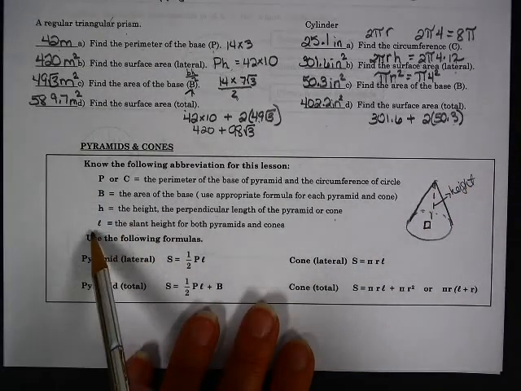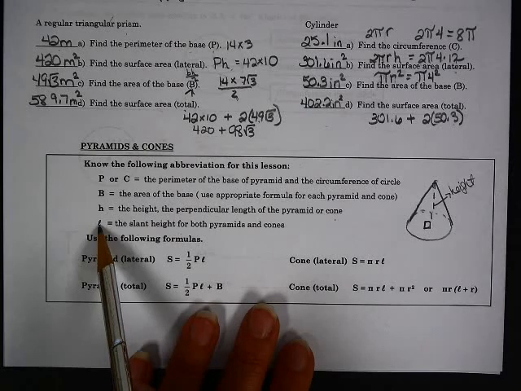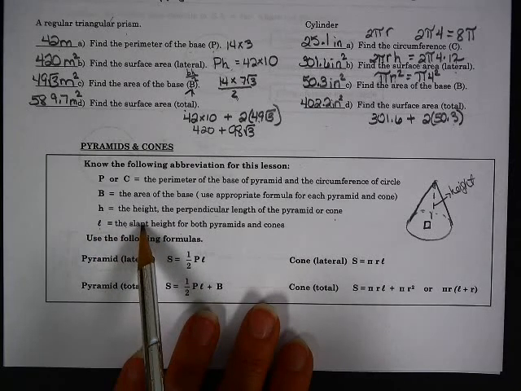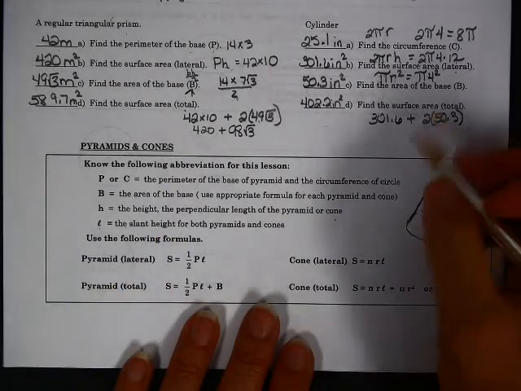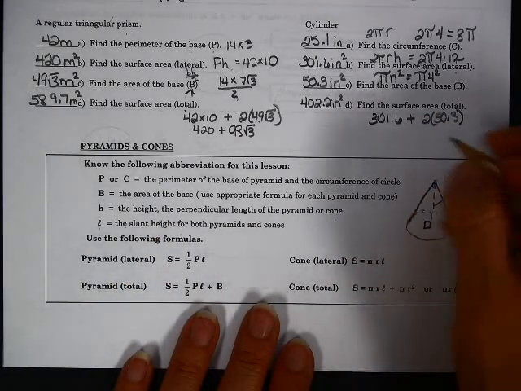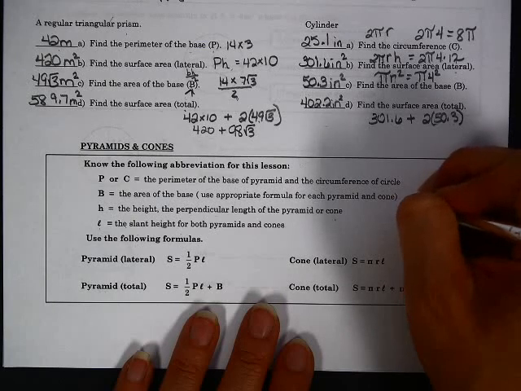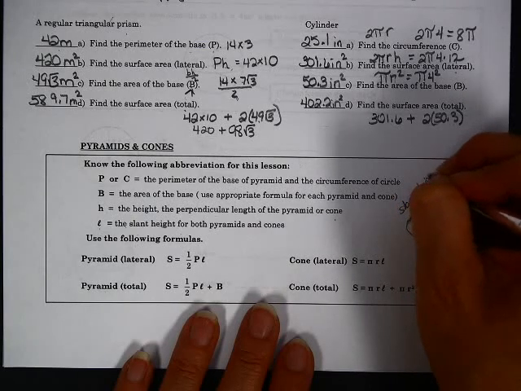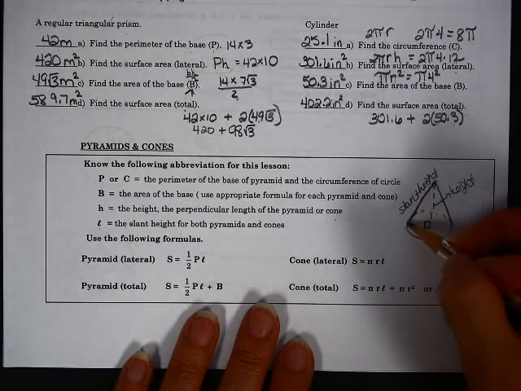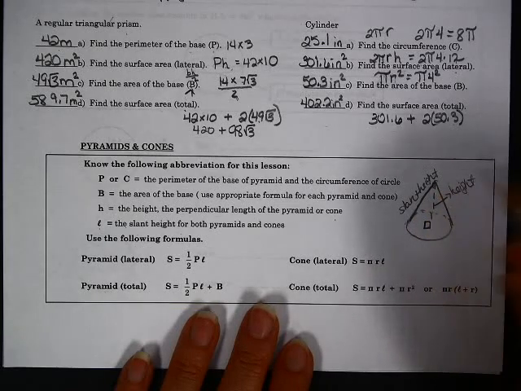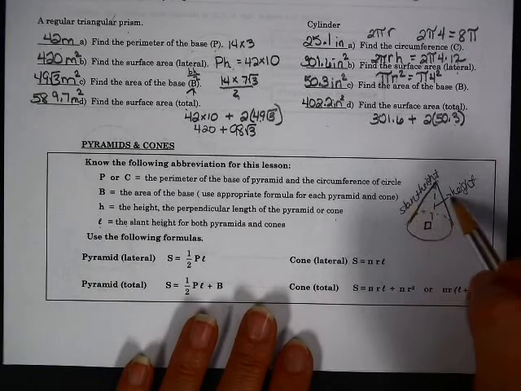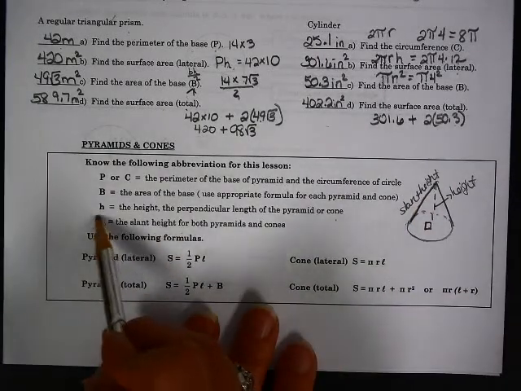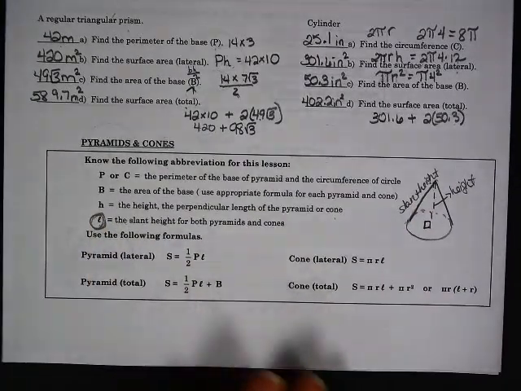Now, this cursive L represents the slant height for pyramids and cones, which is totally different. This is your slant height because it is slanted and it goes from the bottom to the top. So be very careful between the difference of those.